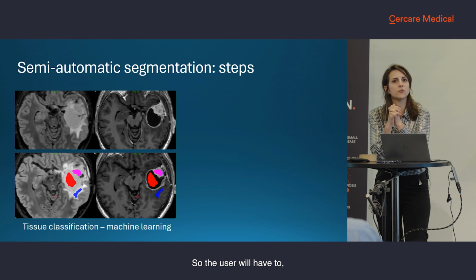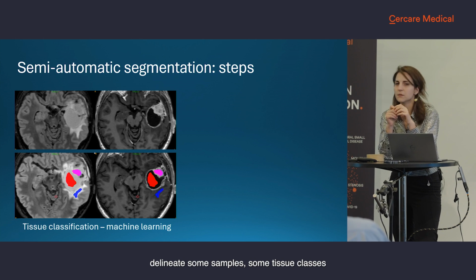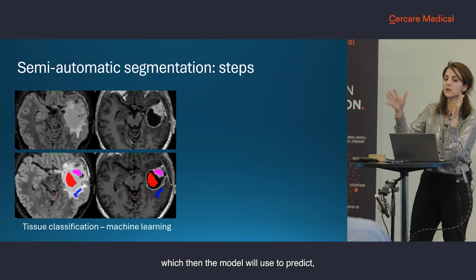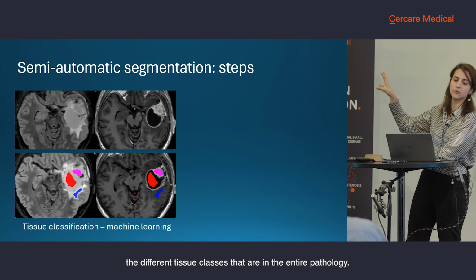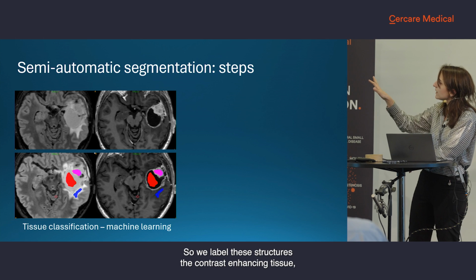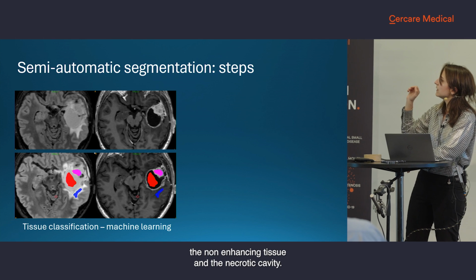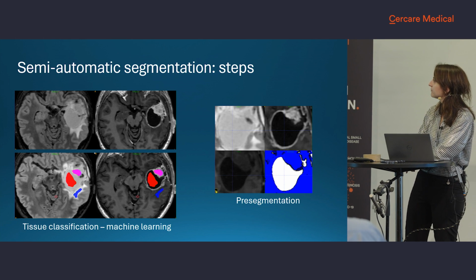So the first step is to classify the tissues. The user will have to delineate some samples, some tissue classes, which the model will then use to predict the different tissue classes in the entire pathology. So we label these structures: the contrast-enhancing tissue, the non-enhancing tissue, and the necrotic cavity.